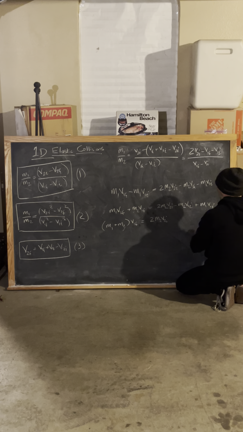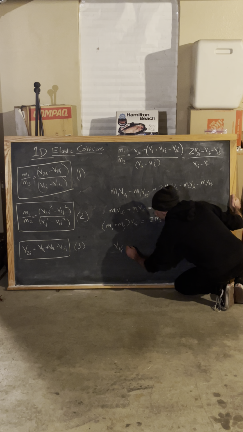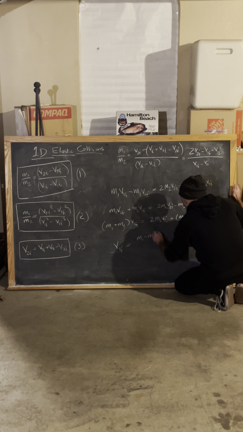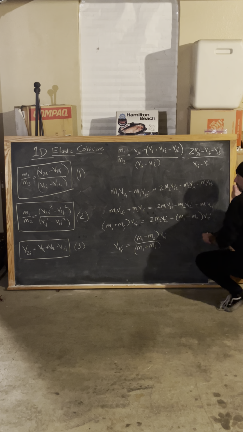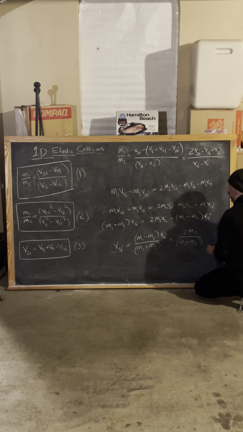So let's factor out the v1I here, and we get plus m1 minus m2 times v1I. And then dividing both sides by m1 plus m2, we get v1f now is equal to m1 minus m2 times v1I divided by m1 plus m2 plus 2m2 divided by m1 plus m2 times v2I.